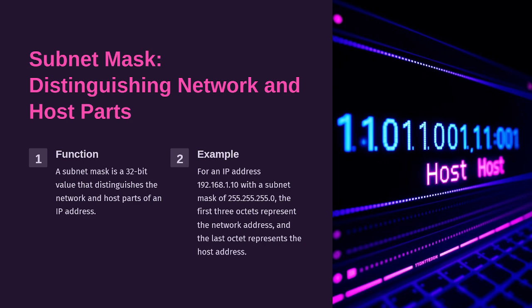Example, for an IP address 192.168.1.10 with a subnet mask of 255.255.255.0, the first three octets represent the network address, and the last octet represents the host address.